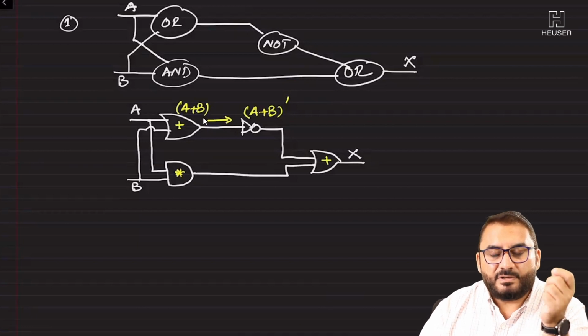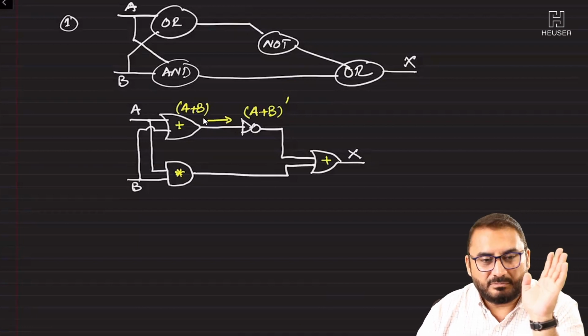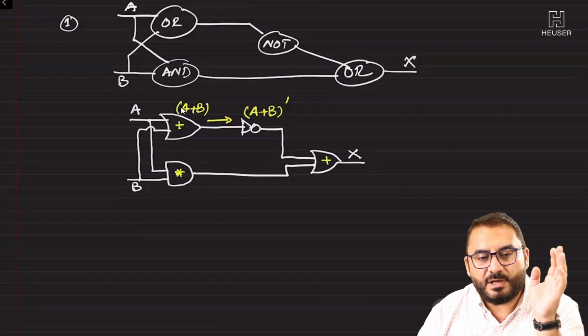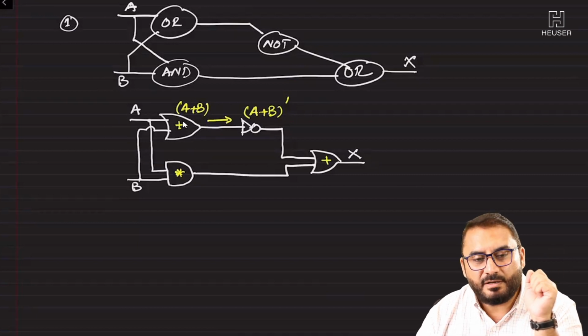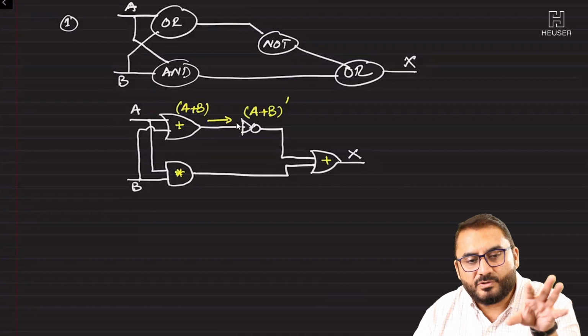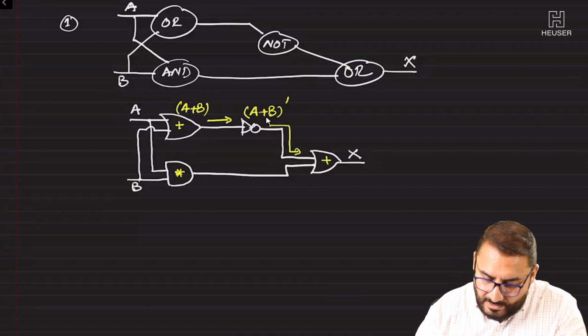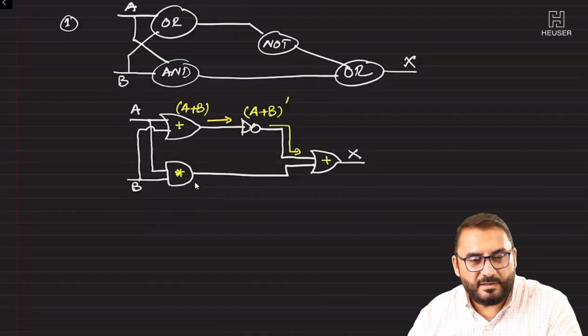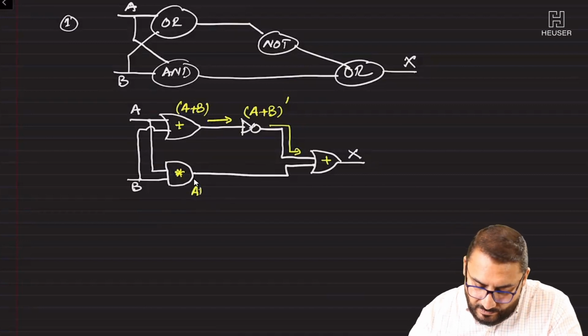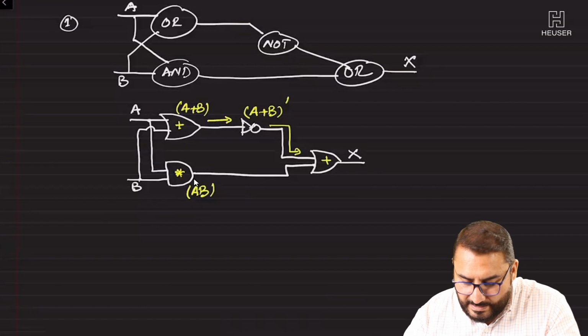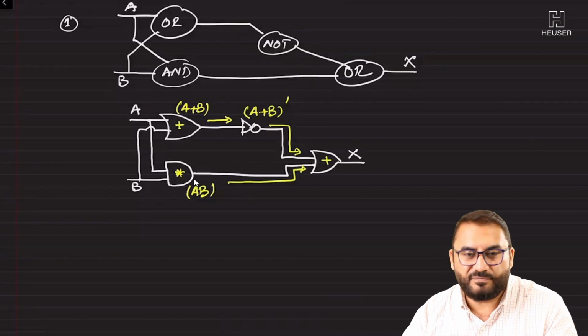All right, the use of individual A and B is now gone. Those A and B are basically in this OR gate, and then the result of the OR gate goes through the NOT gate, and then that goes further. Now at this particular gate, the equation would be AB, and this A and B will go to the final gate.